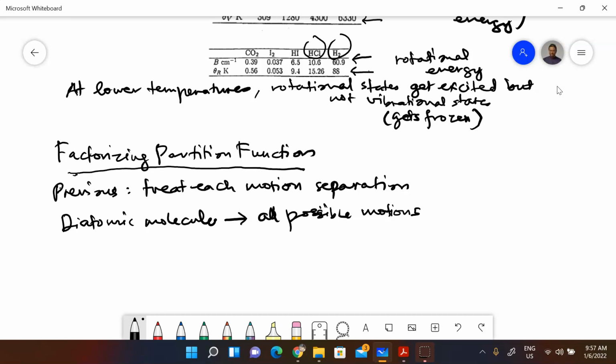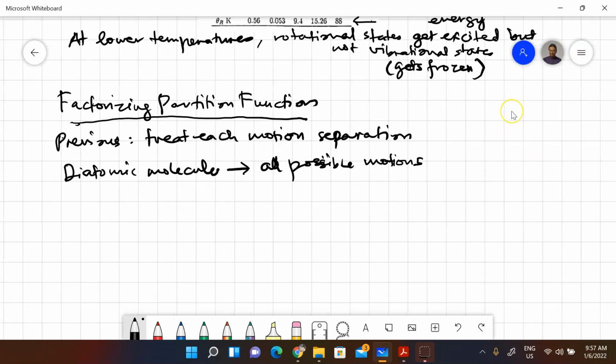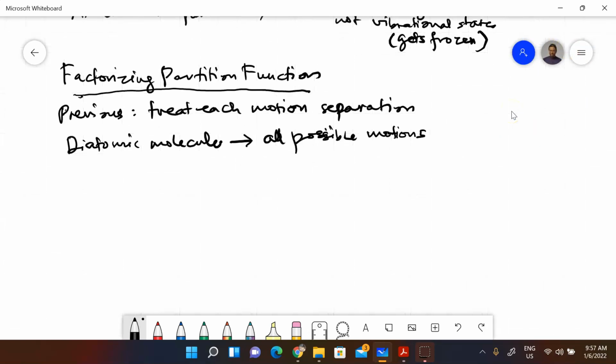So we need a way to add up all the energies in some sense. In other words, we're going to assume that with all these possible motions, one should have some kind of total energy.